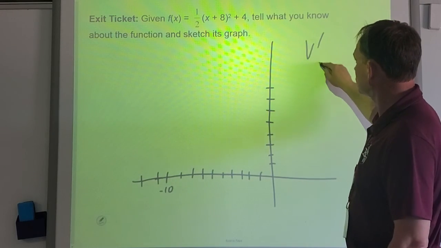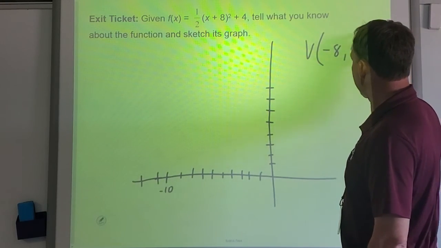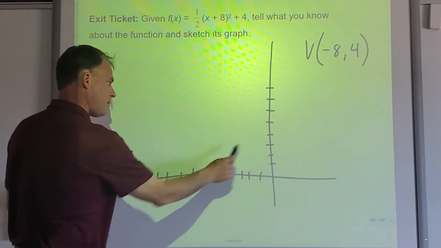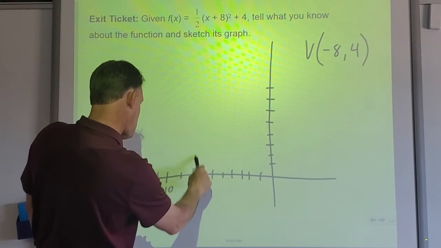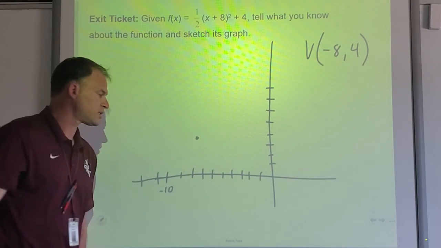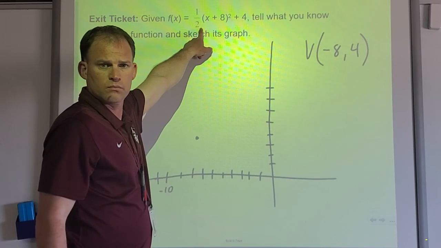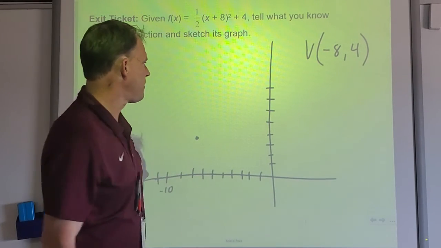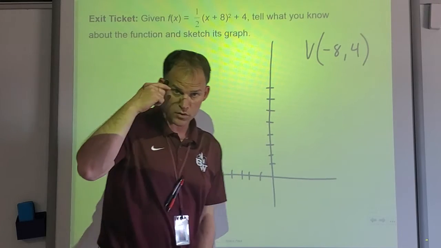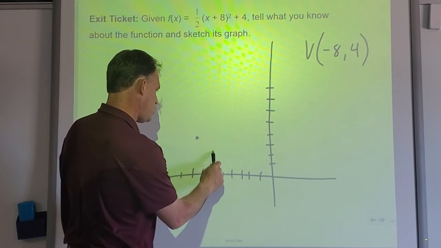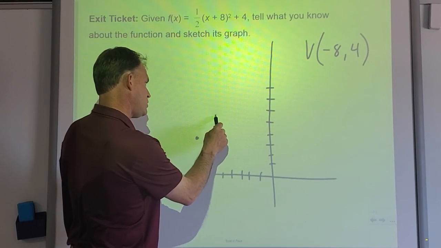So with my vertex, there you go. Left 8, up 4. There's my vertex. What's it gonna do? Yeah, so again, I can mentally run through that chart. 0, 0, 1/2, 2, 2.